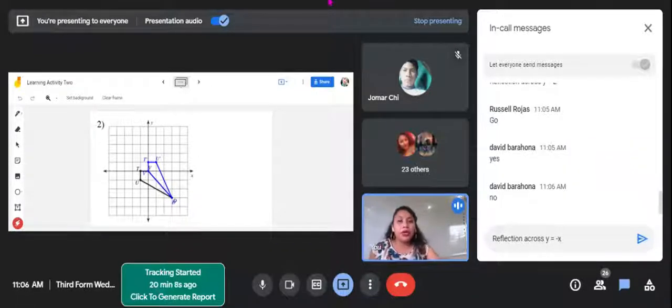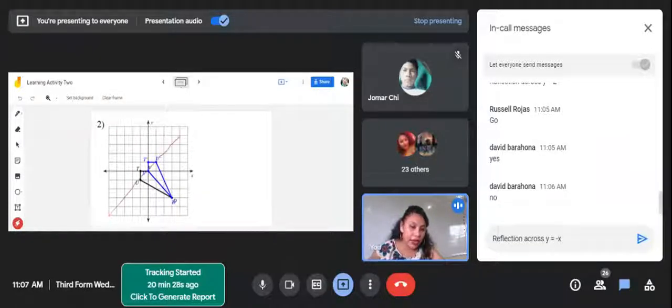On Monday, when we were talking about the different reflections, we talked about something called y is equal to x. Y is equal to x is a line that crosses in that direction. But this line is crossing in the opposite direction.